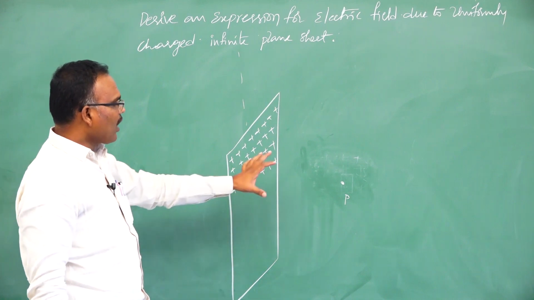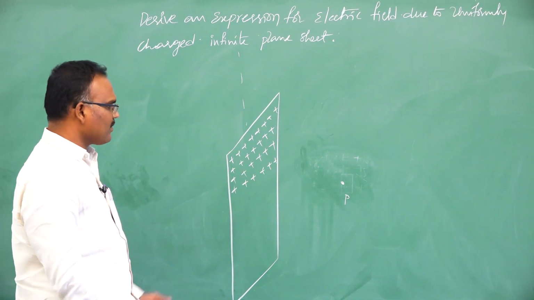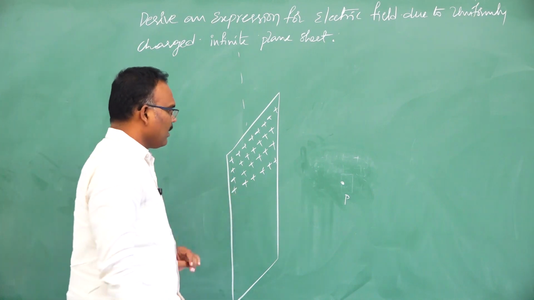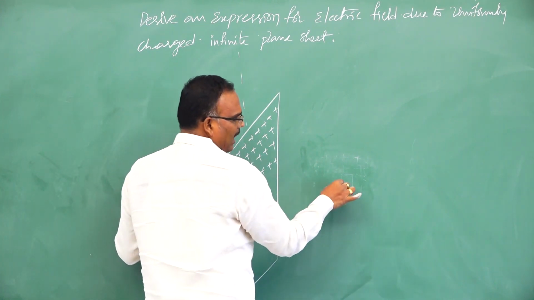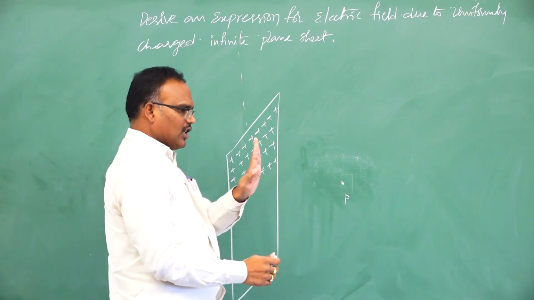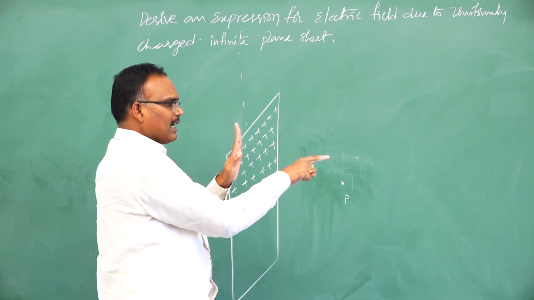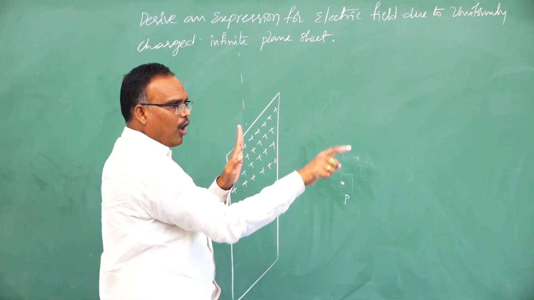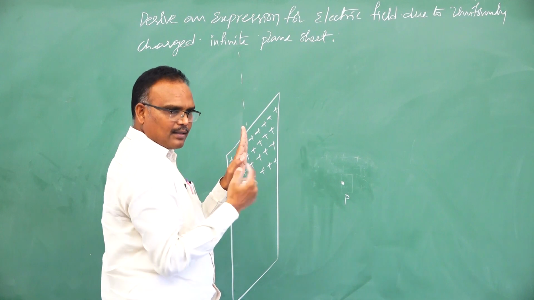Which kind of Gaussian surface do I have to draw? It is very easy to draw a Gaussian surface for this plane sheet. I will take the points which are located at the same distance from the sheet. Imagine this is the sheet. I have selected one point here. As you go on selecting points in a circle, they are all equidistant from this sheet.